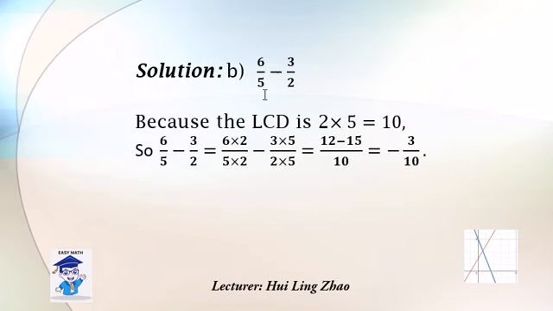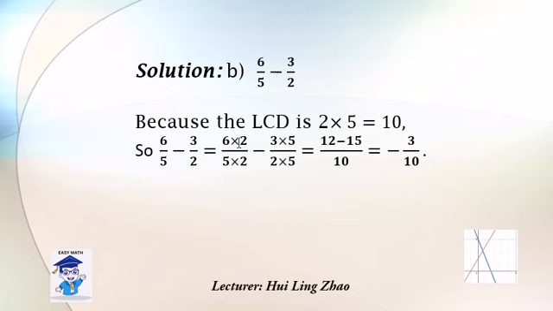Solution B, 6 over 5 minus 3 over 2. We can see the denominators are 5 and 2. So the LCD is 10. 2 times 5 is 10, right? And for this expression, 6 over 5 should multiply by 2 in numerator and denominator, right?